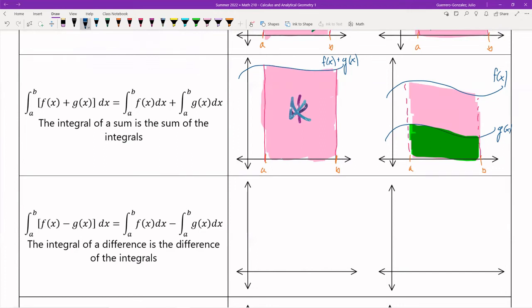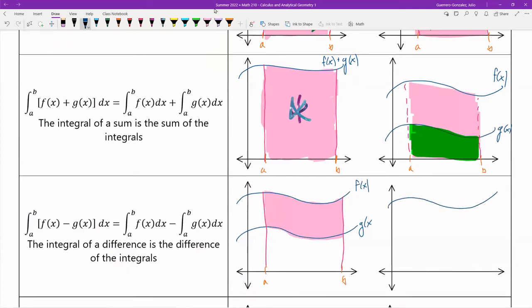The second one, the one right below it, works the same way. So let's say this is f of x and this is g of x, and you wanted to find from a to b this area right here, this little strip right in between the two. Then that is equivalent to, I'm going to try to draw it all over again.